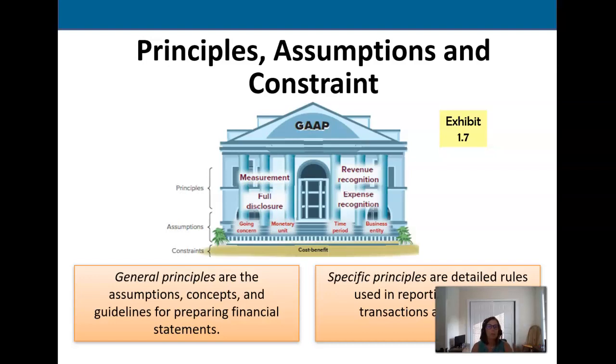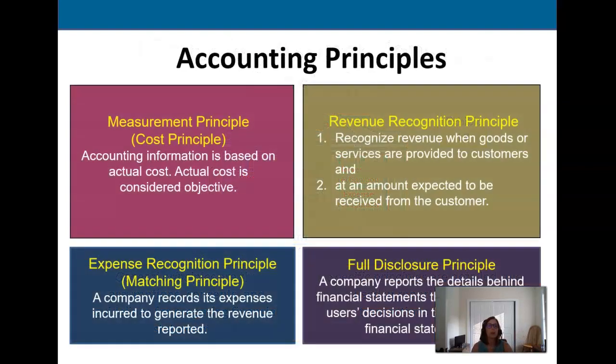So they have general principles and specific principles. The measurement principle is assuming that things are based on actual cost and that that's an objective measure. We're not sort of guessing at our valuations.